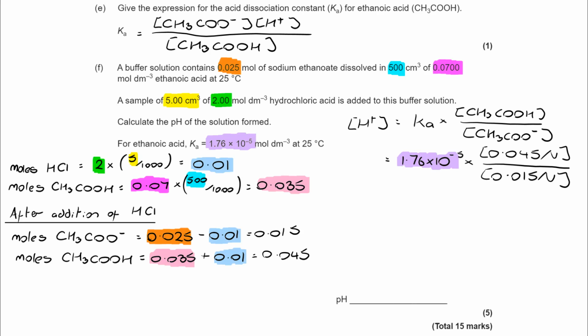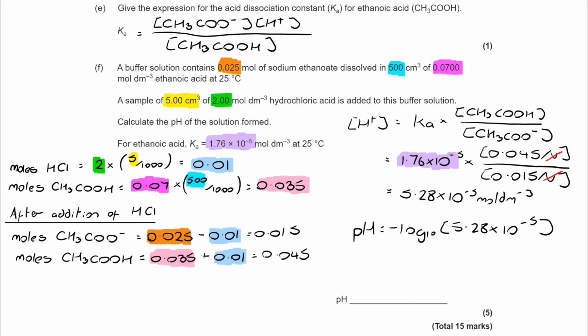But if I put the volumes in, I could work out the volume and put it in, but actually they're going to cancel out. 1 over V over 1 over V. Once I have done that, I can calculate my concentration. It comes to 5.28 by 10 to the minus 5, and I can substitute that in to my pH expression, giving me a pH of 4.28.